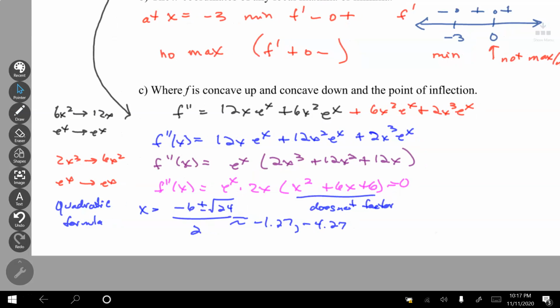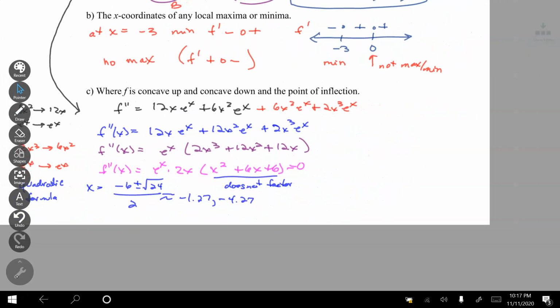And when I create a number line for all this, negative 4.27, negative 1.27, these are my zeros. My leading term was this, really just this positive 2x cubed.